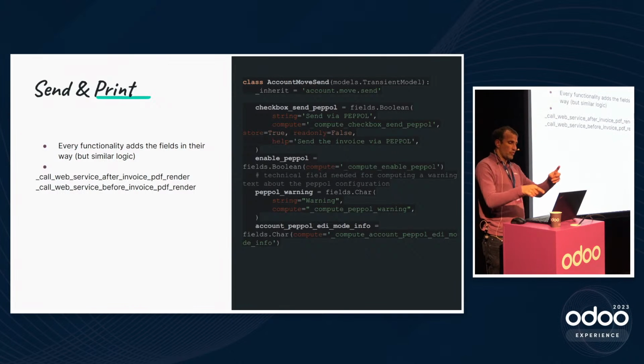mainly because of the before and after, and the PDF, and also because we mix, in fact, the generation of the documents, which I think is a good thing, to generate all the XML and PDF at the same time. But we sometimes mix it a bit too much, maybe with the electronic invoicing.